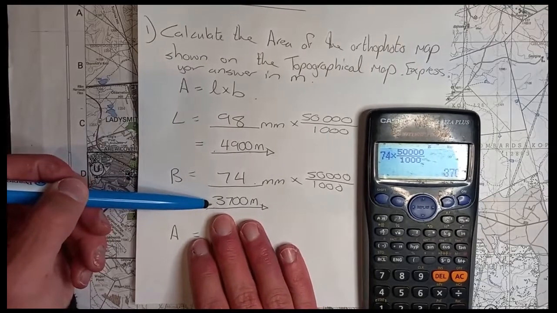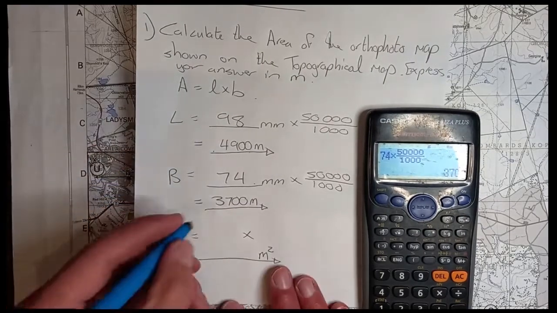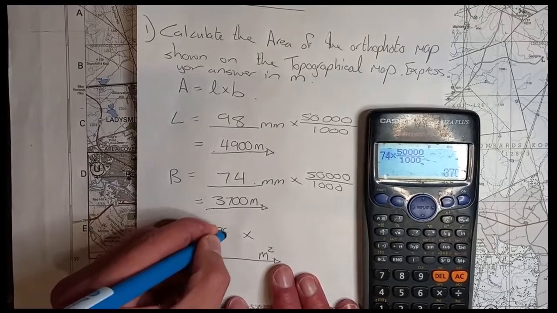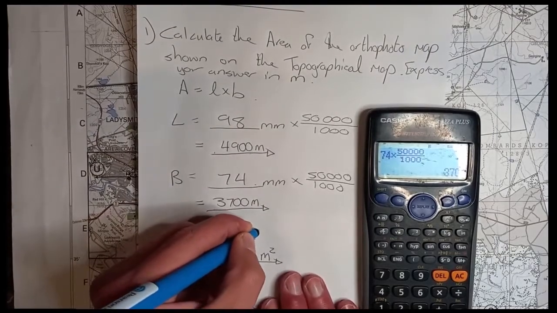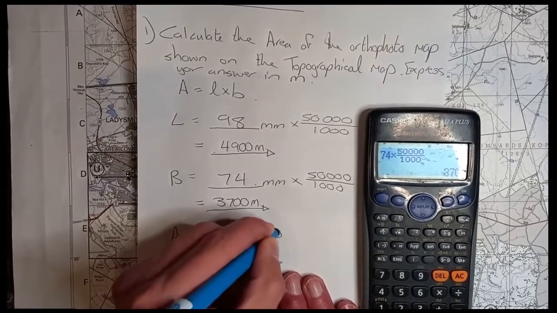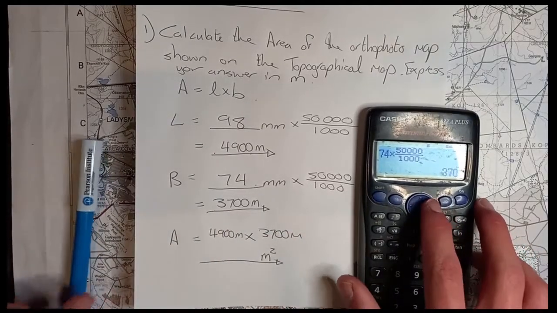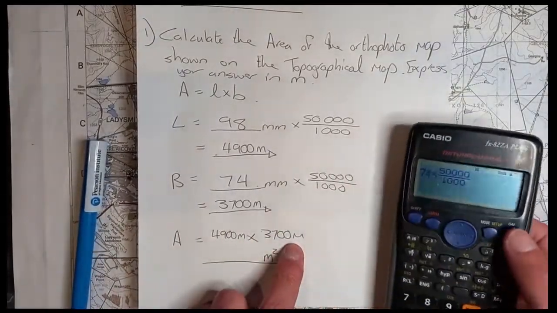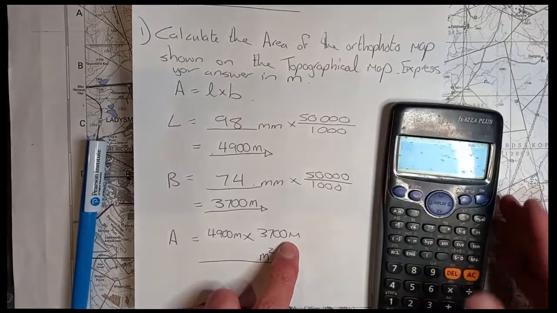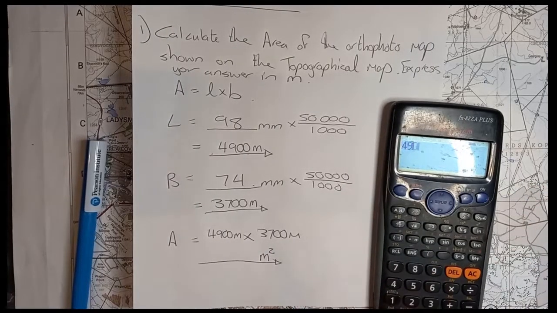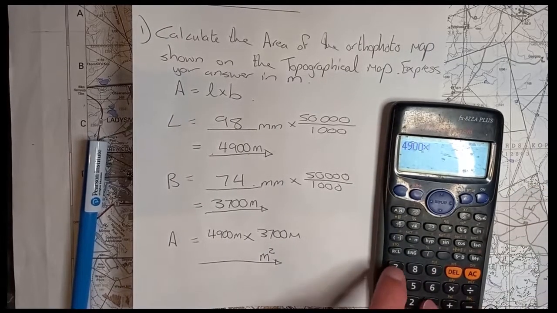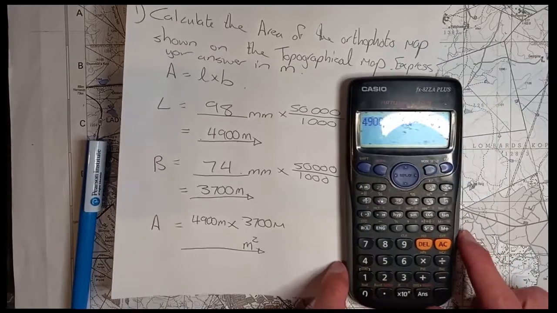Now what I'm going to do is I'm going to take length times breadth. So I'm going to say 4,900 meters times 3,700 meters. Right, remember, always put your meters. If you do not put the meters, you do not get the marks. 4,900 times 3,700, okay?